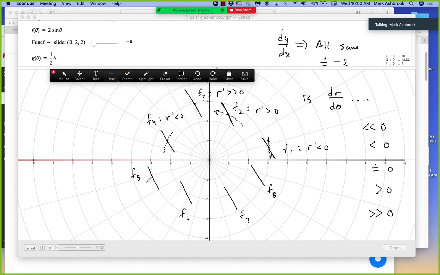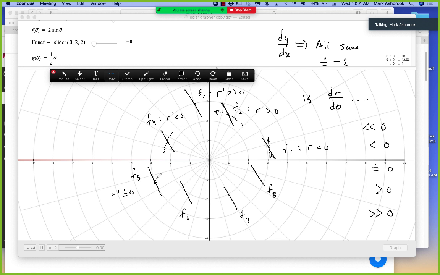Okay, F5. Negative? Pretty close to 0. Yeah, that's what I was going for anyway. So at this point right here, pretty close to 0.